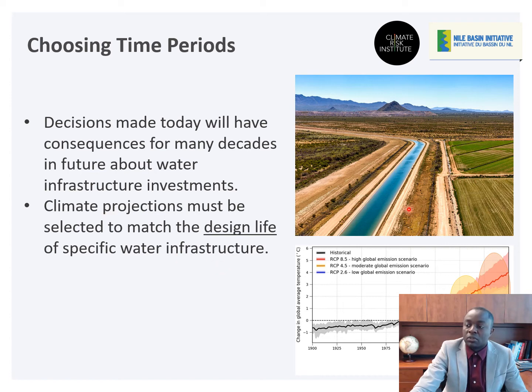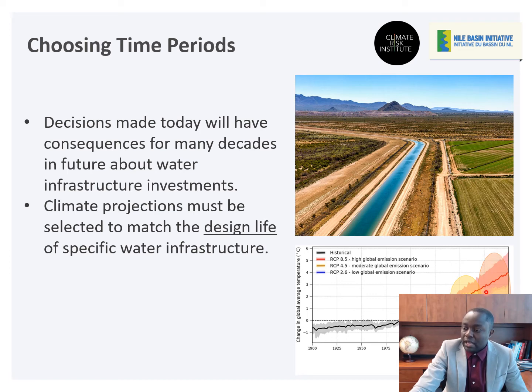For example, if you are doing a climate risk assessment of an irrigation canal which has a design life of about 50 years from today, typically you go to your climate projections portal and select climate projection data sets 50 years into the future from today. So you are looking basically at the 2080s. That is the time window from which you select your climate projections.